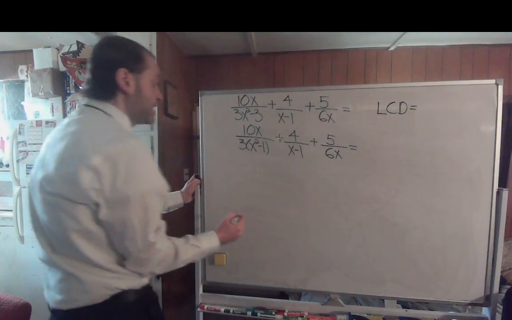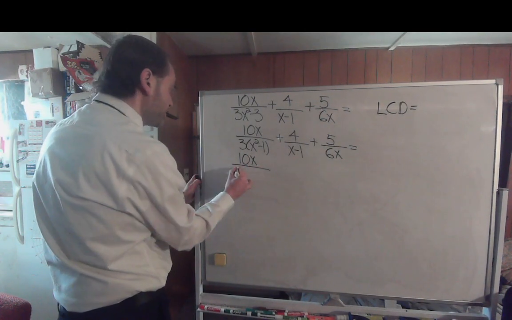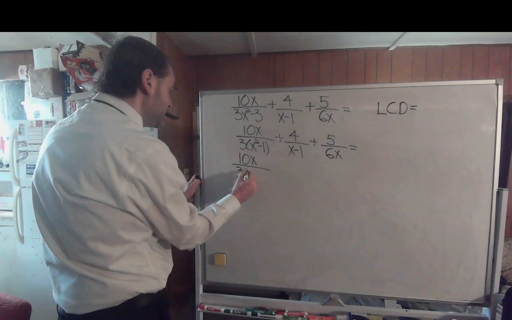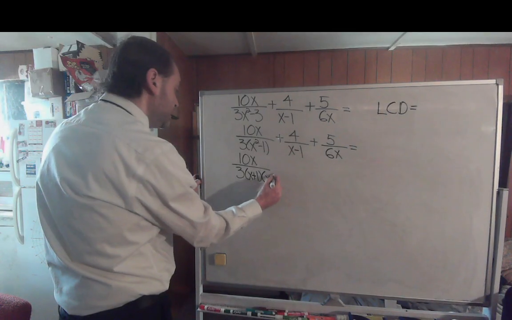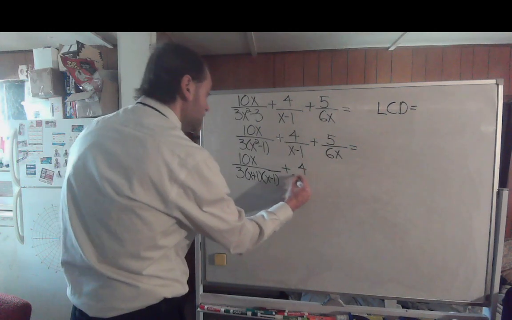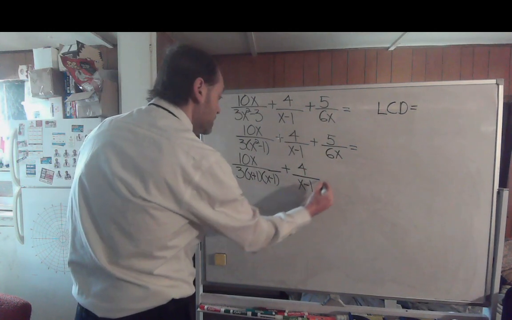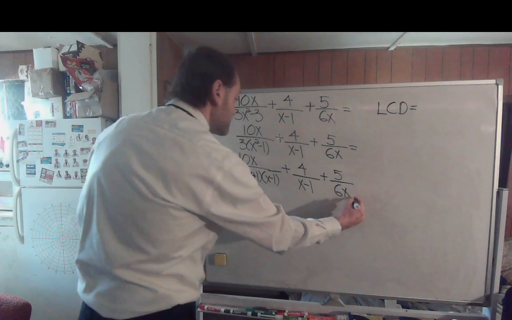This would actually factor into 10x over 3 times x plus 1 times x minus 1 plus 4 over x minus 1 plus 5 over 6x.